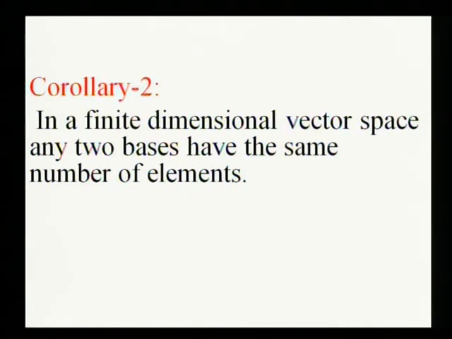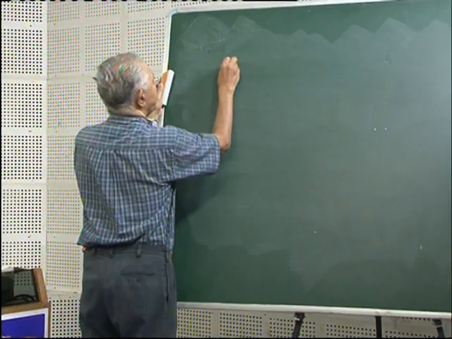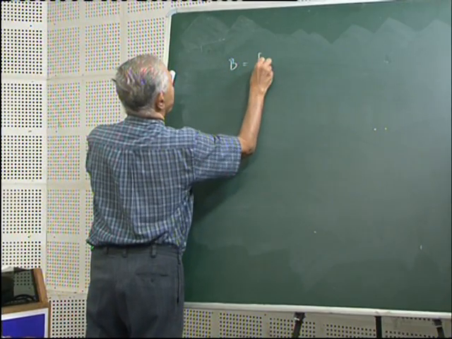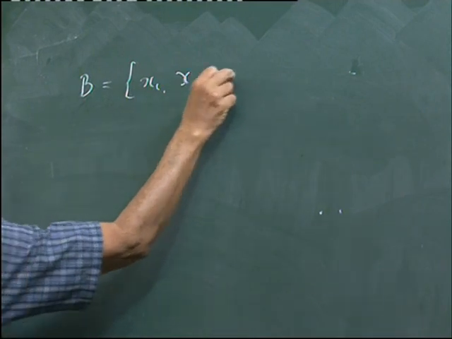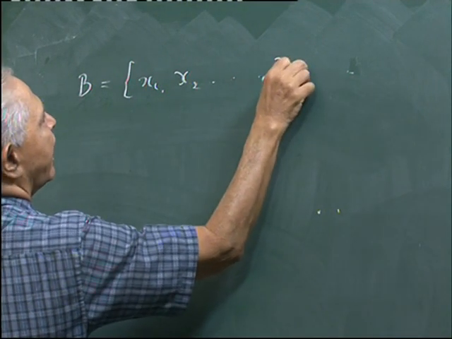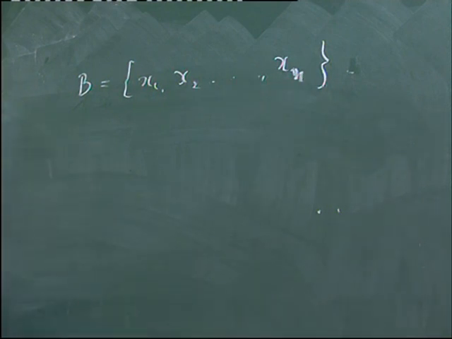Now, we have the next corollary. In a finite dimensional vector space, any two bases have the same number of elements. Let us see. Suppose B equal to {x_1, x_2, ..., x_n} is a basis, one basis.